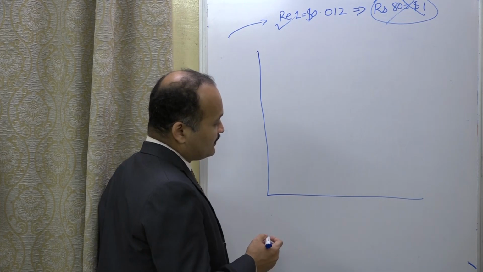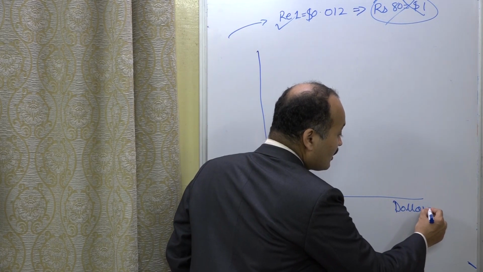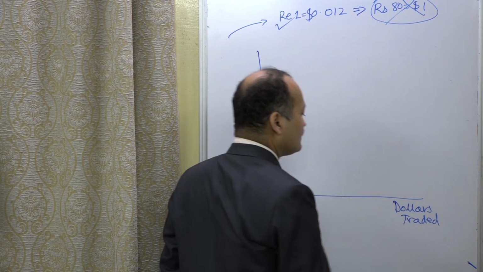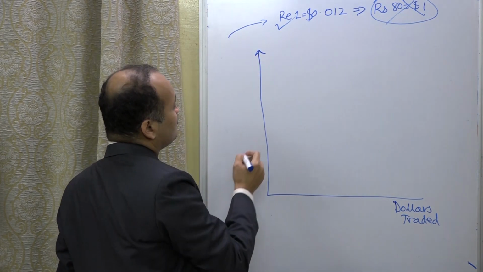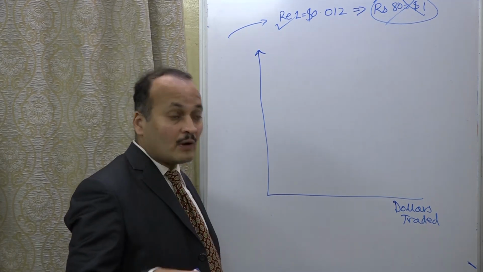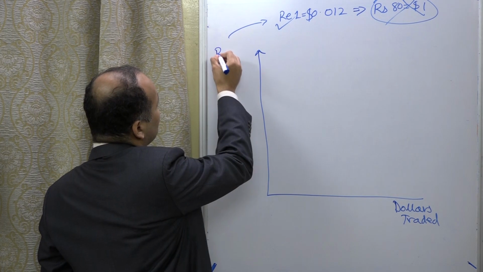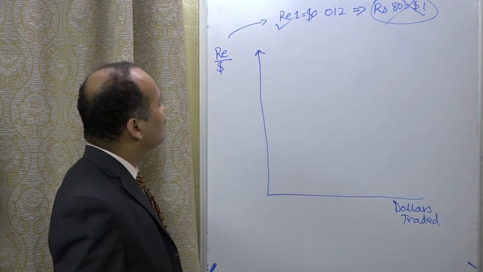If I want to depict that, I will present dollars traded on the x-axis. Earlier we were presenting how many units of dollars you can get per unit of rupee, but now I will present on the y-axis how many units of rupee you need to get 1 unit of dollar.